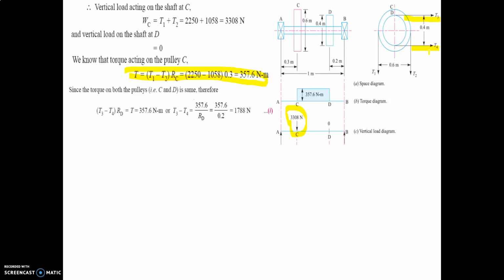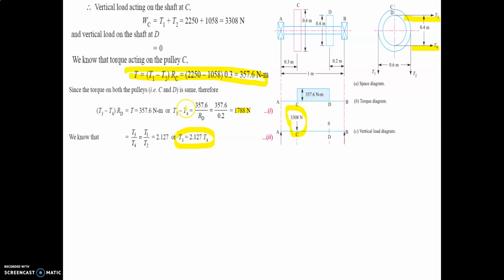Now both the pulleys having the same torque, T3 minus T4 into RD is equal to T. So based on this we get a value for T3 minus T4 equal to 1788 Newton. This is the one equation which you get here. Now T1 upon T2 is equal to T3 by T4, which is 2.127. So the value of T3 is what?